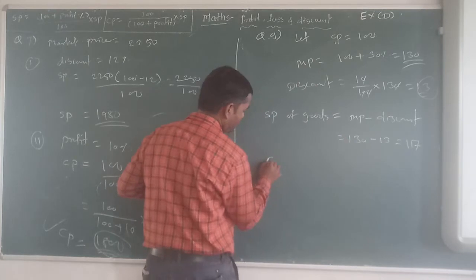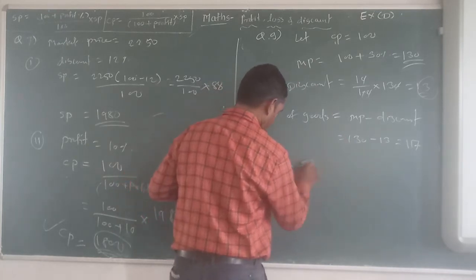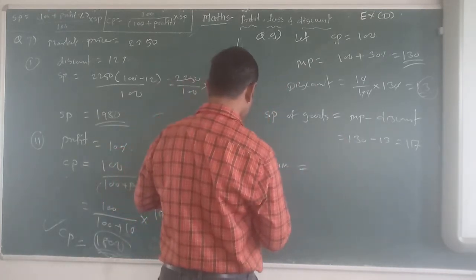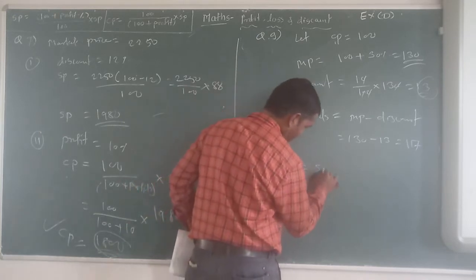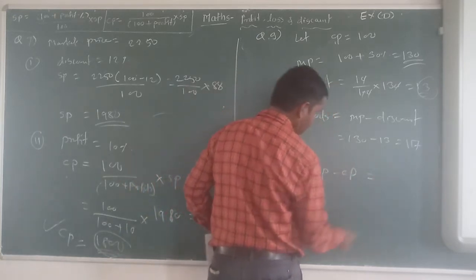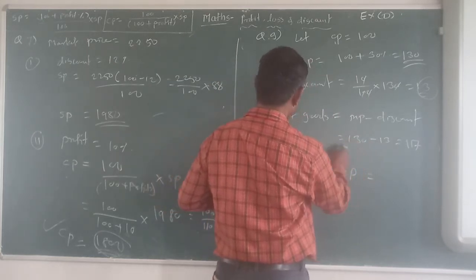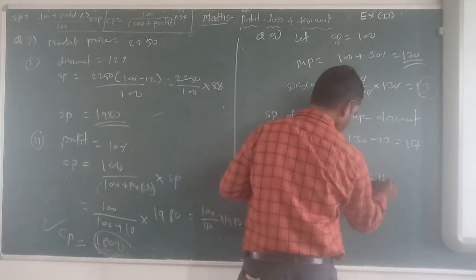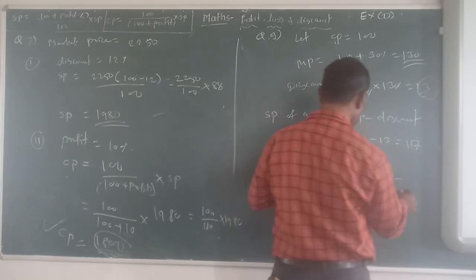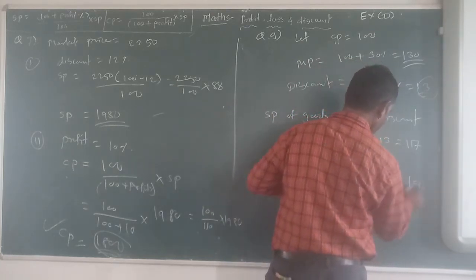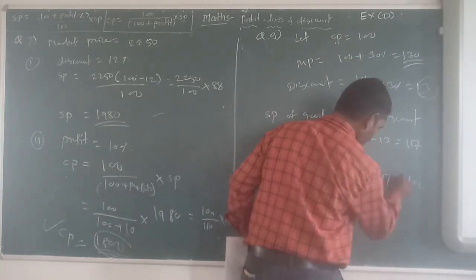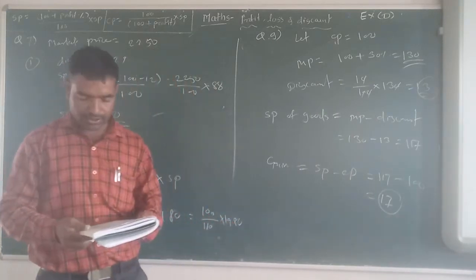Now we have to find the gain. Gain is SP minus CP. SP is 117 and CP is 100, so 17 rupees is the gain.